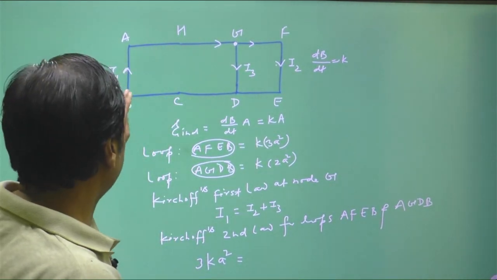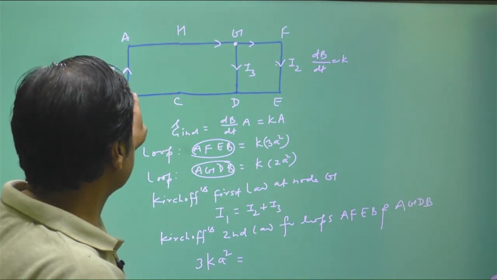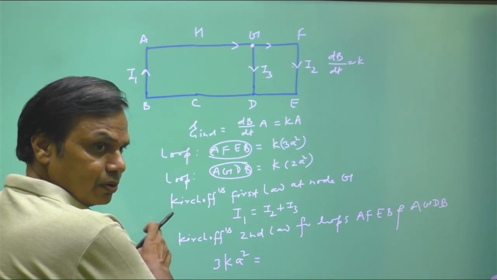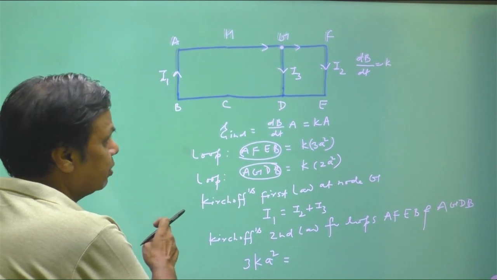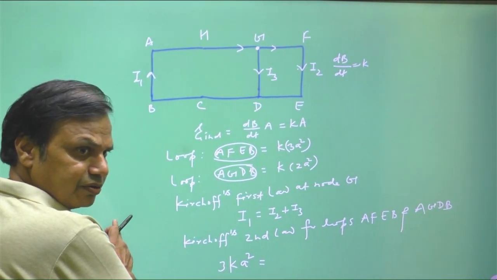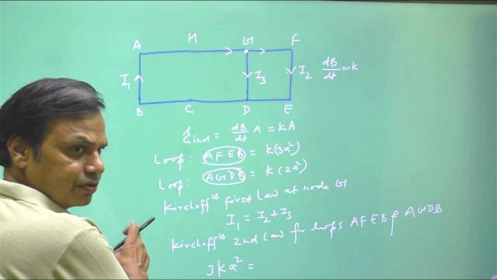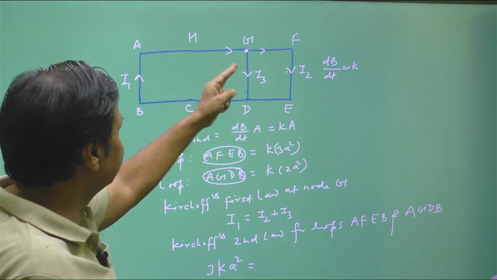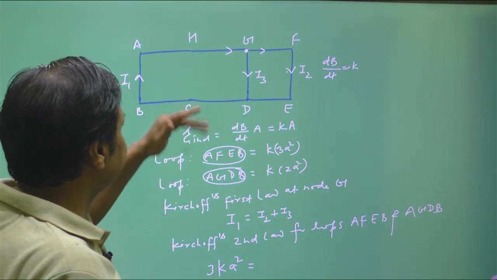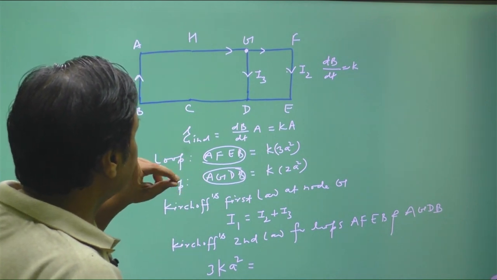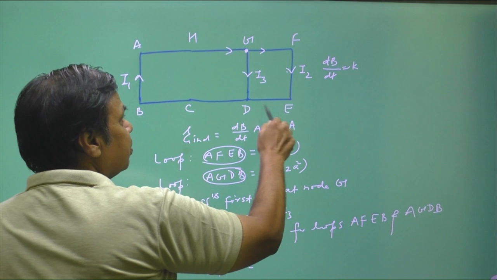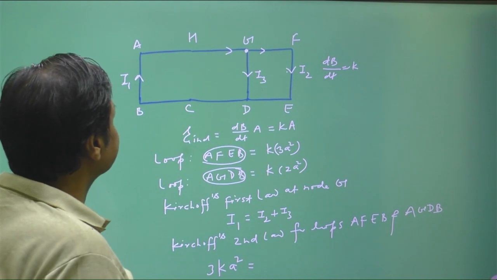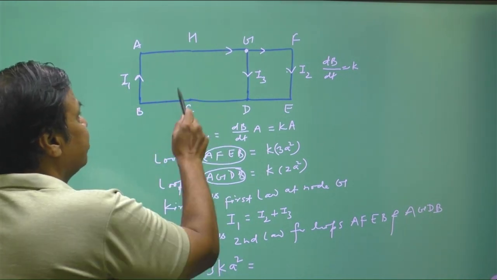So you can see this I1 passes from here, and I2 passes in this loop, and I1 is this loop's current, and I1 faces a resistance 1, 2, 3, 4, 5, 5R.